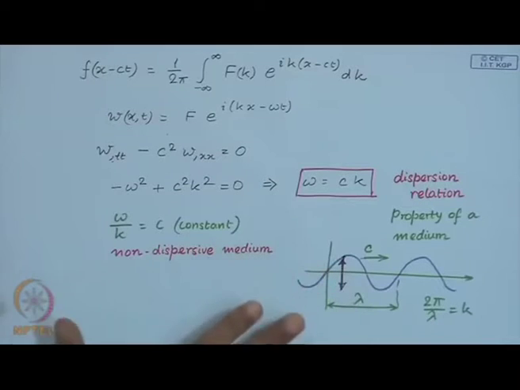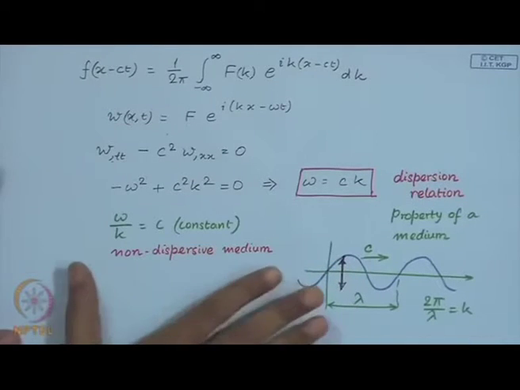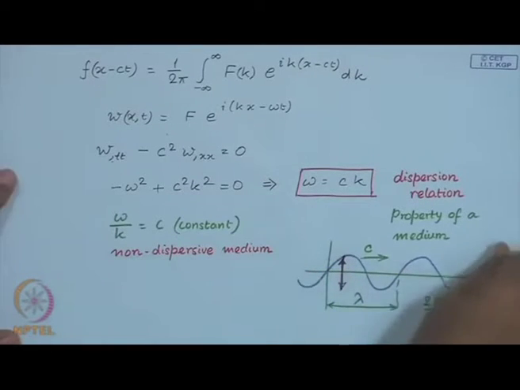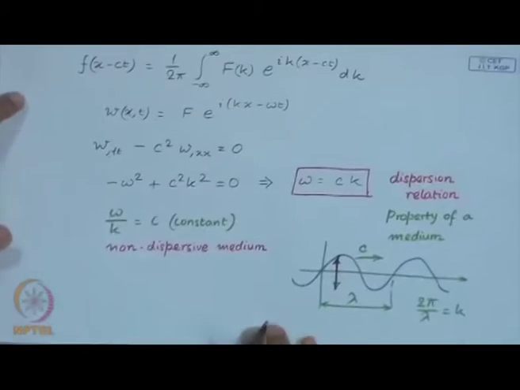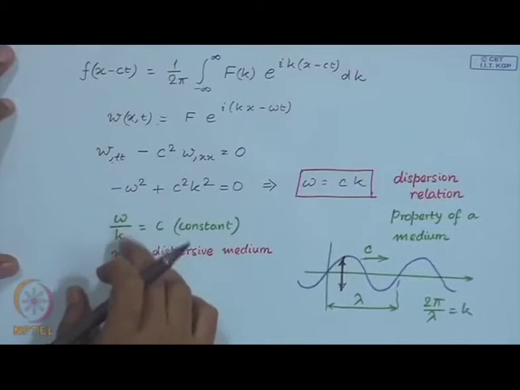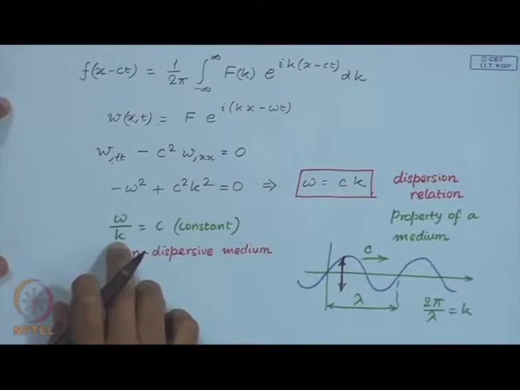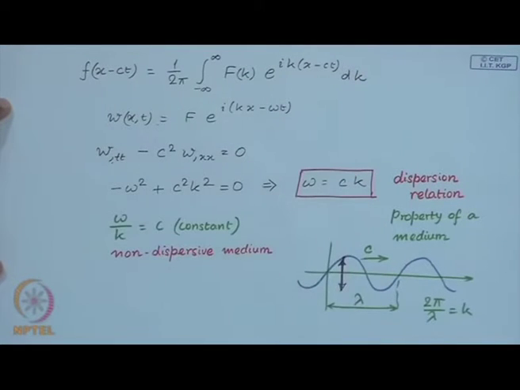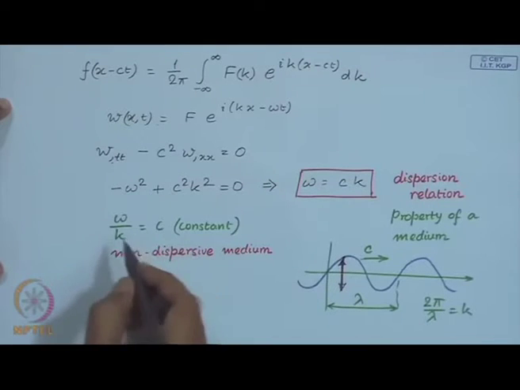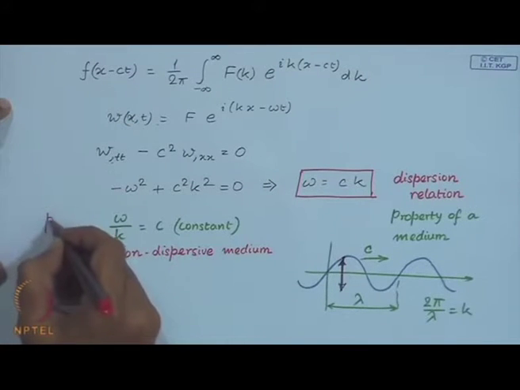What we will be restricting ourselves to for the moment is the non-dispersive medium. Now, this speed c, which is the ratio of the frequency of the harmonic wave and the wave number, is the wave speed. As we have seen, we qualify it a little further, we call it the phase speed.